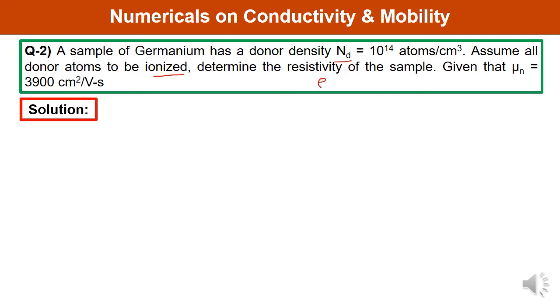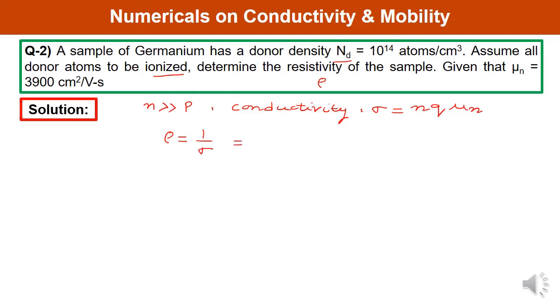A sample of germanium has a donor. Here we are talking about the donors. It means in this case the value of N will be high in comparison to P. So conductivity can be written as N Q mu N. And if you have to calculate the resistivity, you know the relationship between the resistivity and the conductivity.